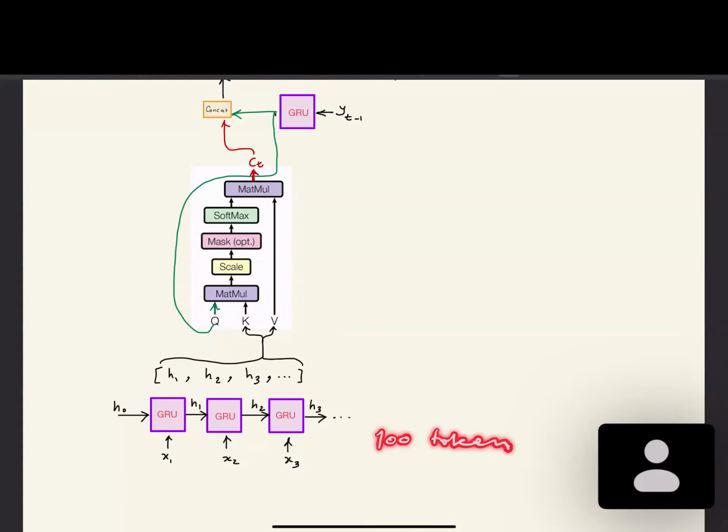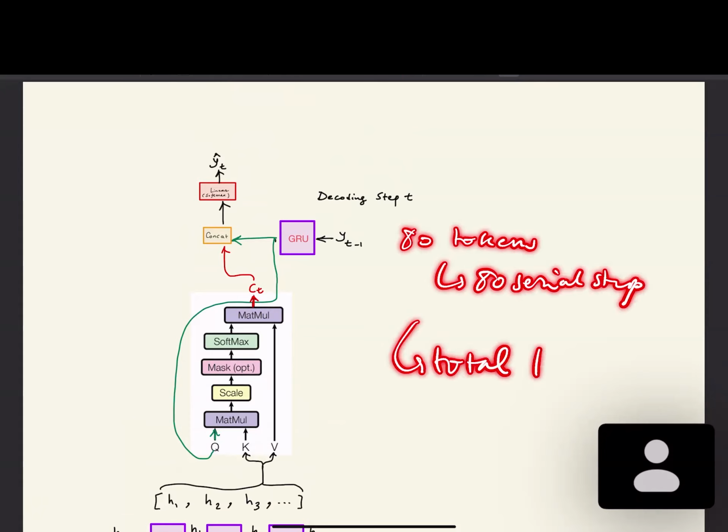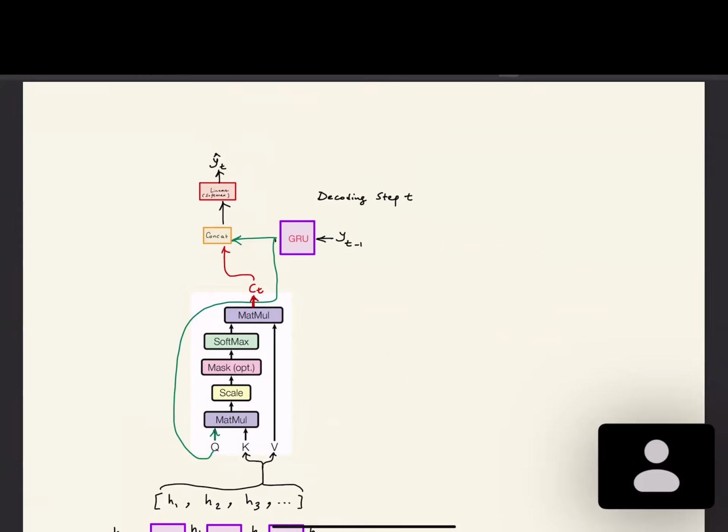And if we want to generate 80 tokens in the decoder, we need 80 serial steps, which in total is 180 serial steps per training example. You can think of parallelizing on the batch size, but a batch is of size, let's say 32, but our GPU has thousands of cores that will be vastly underutilized.